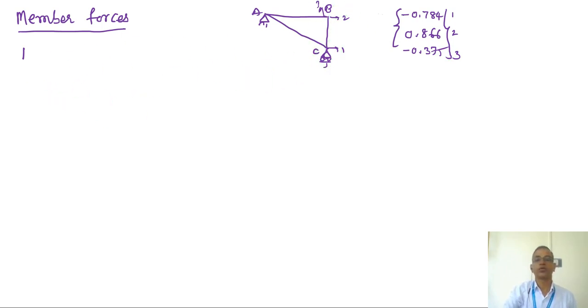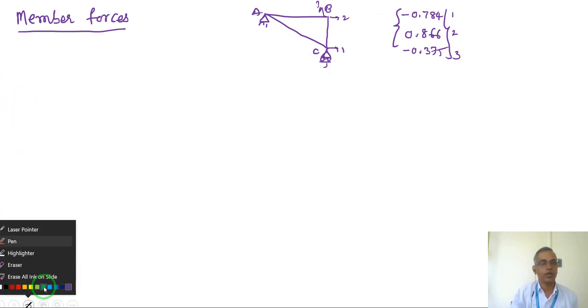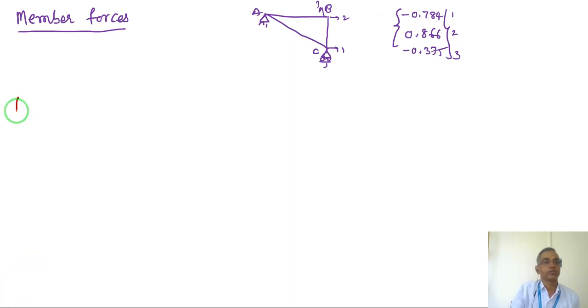So now, PAB, PAC, let us say I want to find the member forces. So I will consider C to be a near joint, A is far joint.